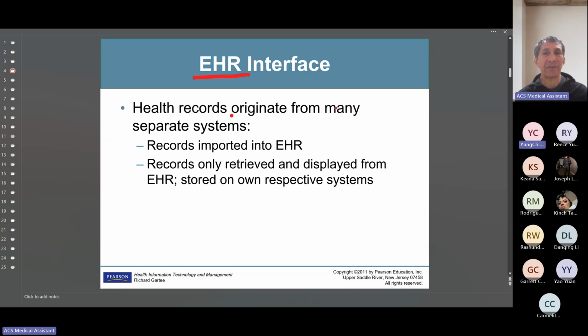We can retrieve information easily because it's right there in the system, everything that I need. I'm going to do interface with the pharmacy. I'm going to do interface with the laboratory. When I'm talking about laboratory, I'm not talking about just blood and body fluids.